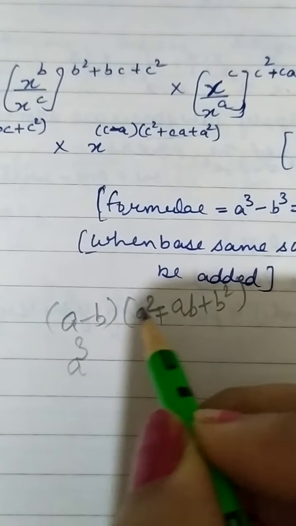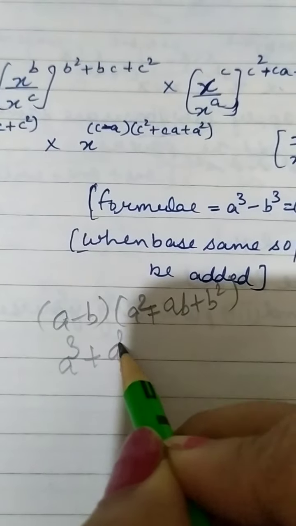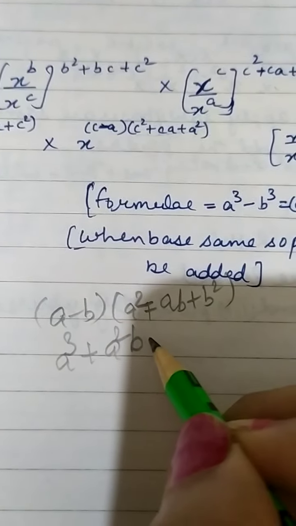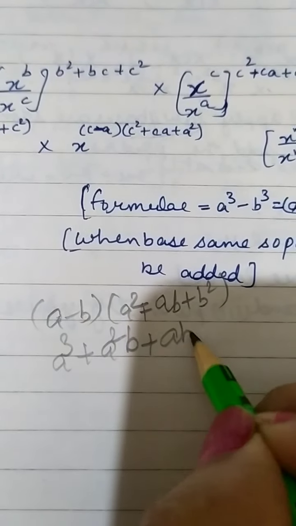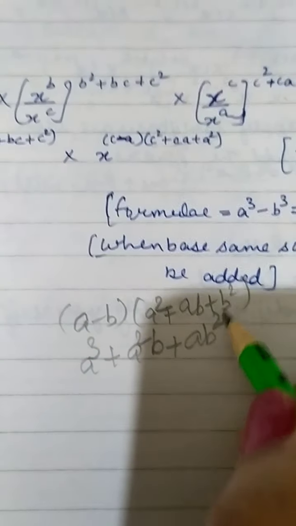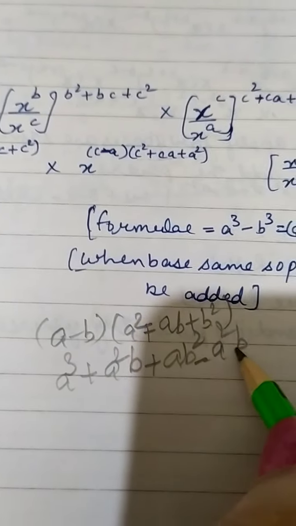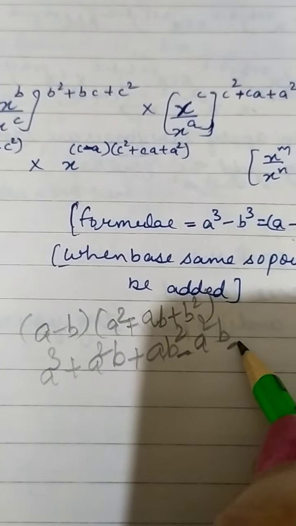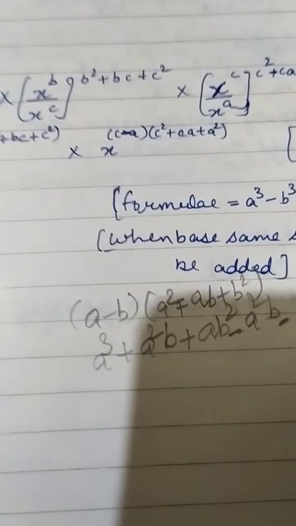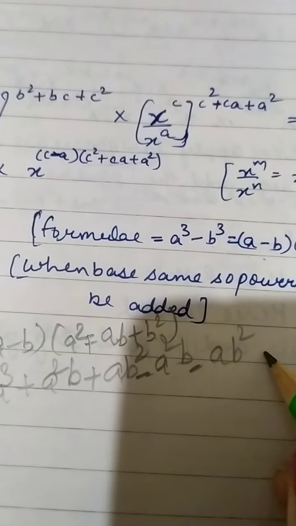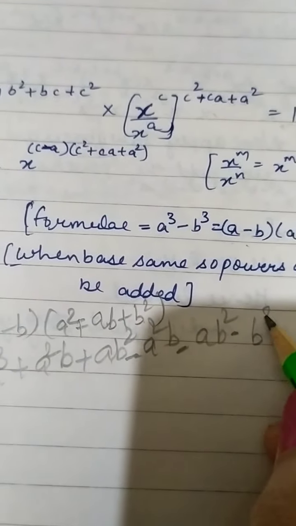Then a into ab is a square b, a into b square is ab square, minus a square b, again minus ab square, again minus b cube.